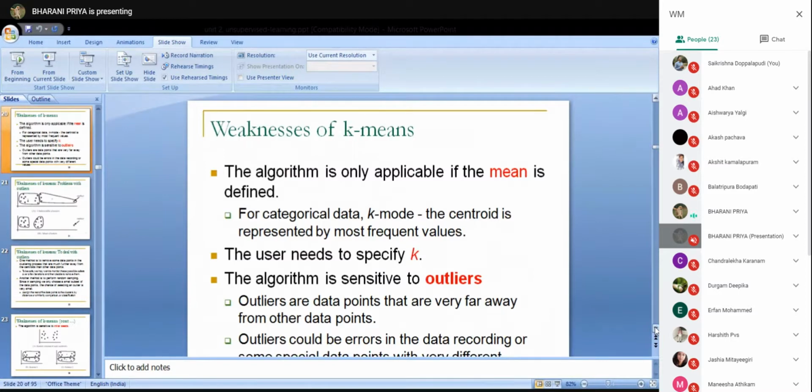K-means algorithm. The K-means algorithm is applicable if you are able to define the mean, and for categorical data you use mode rather than mean. But what is the problem if you use mean?